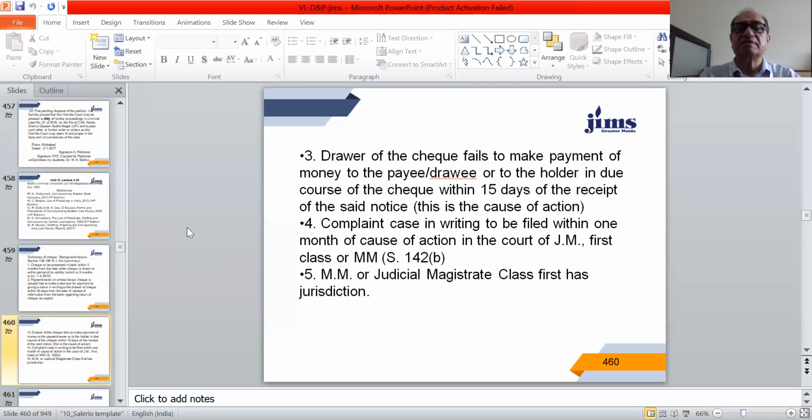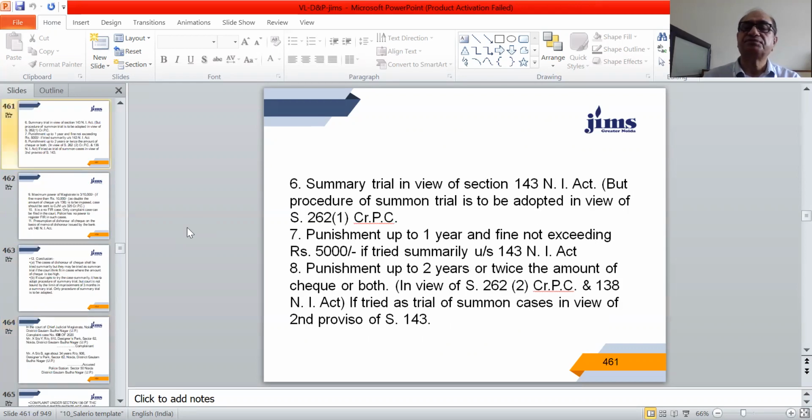Rule number 4 is that complaint case in writing is to be filed within 1 month of arising of cause of action in the court of first class magistrate, that is judicial magistrate first class or metropolitan magistrate. Then metropolitan magistrate or judicial magistrate class 1 has the jurisdiction to entertain the complaint under section 138 of Negotiable Instrument Act.